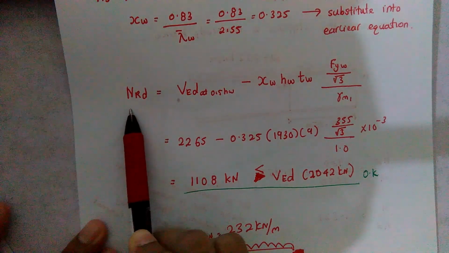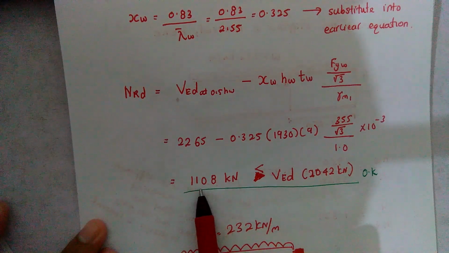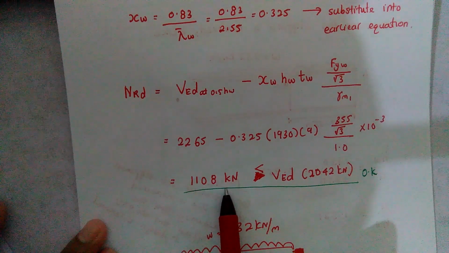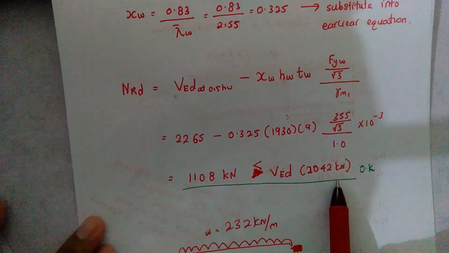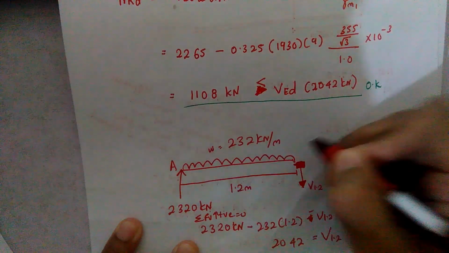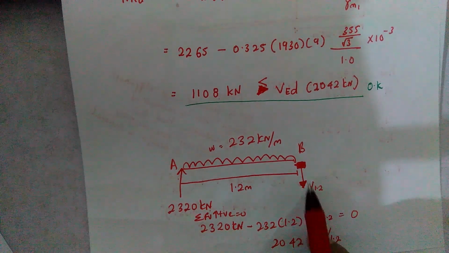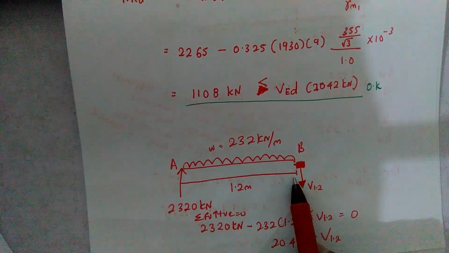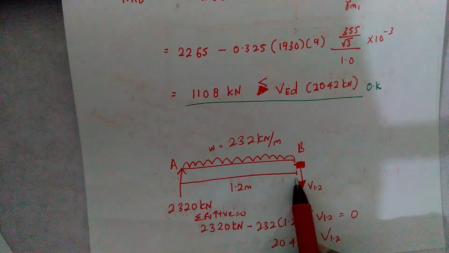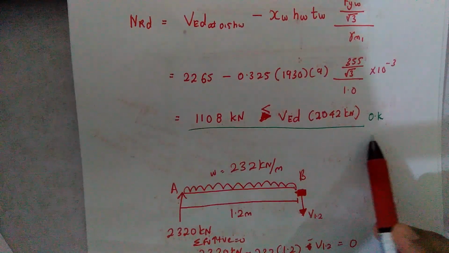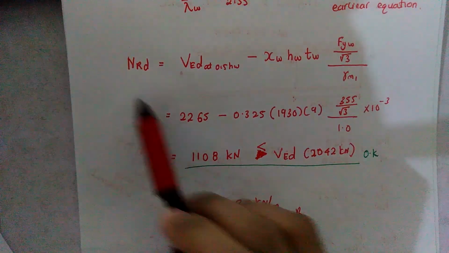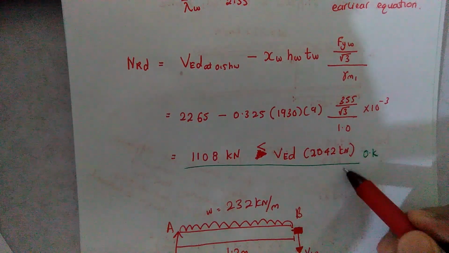The design force that should be resisted by the stiffener is 1108 kilonewtons, which is lesser than 2042 kilonewtons, which is measured at the shear force directly at panel B. So since the design force of the stiffener is lesser than the shear force at B, the design force of the transverse stiffener is satisfied.